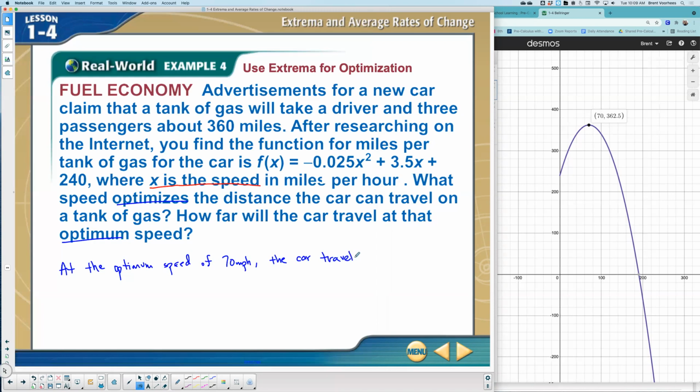I'll say car travels the optimum distance, and it might be ridiculous to write twice, but I am, the optimum distance of 362.5 miles. So that would be my answer to this real world problem.